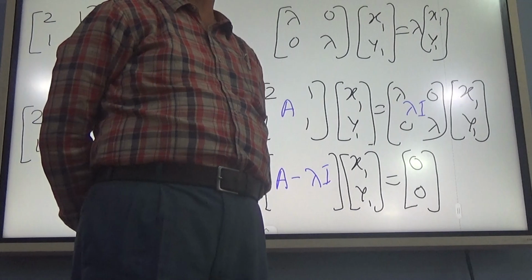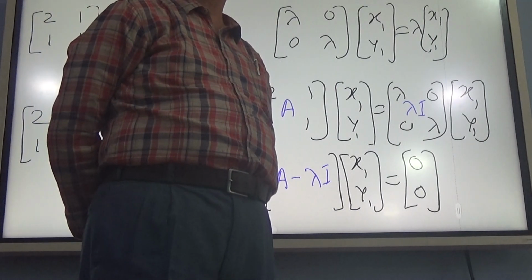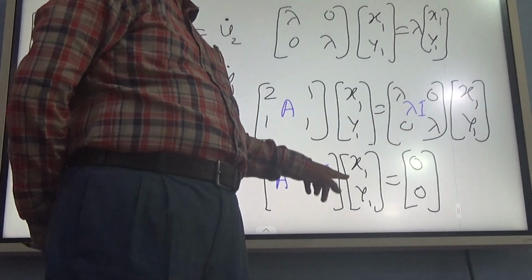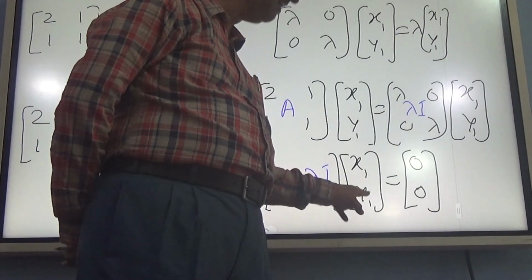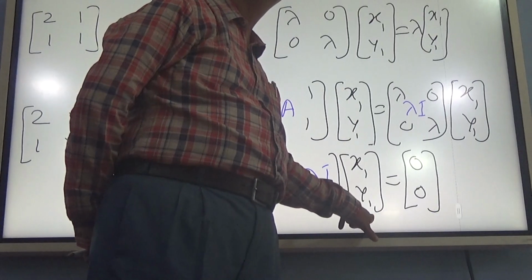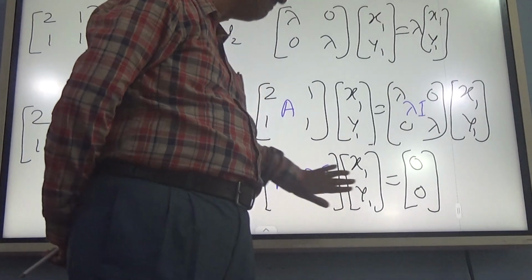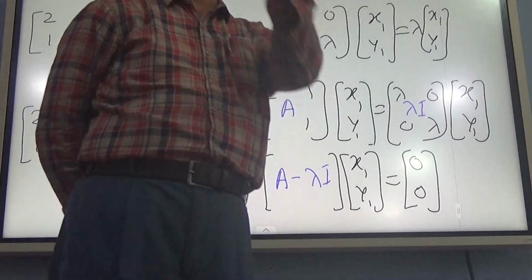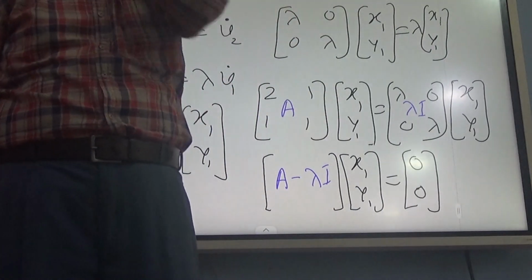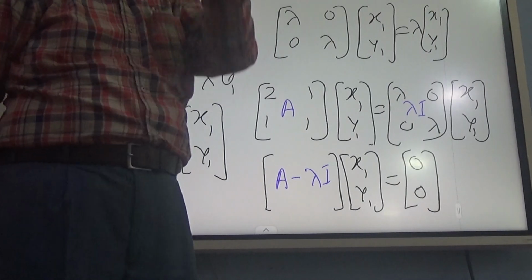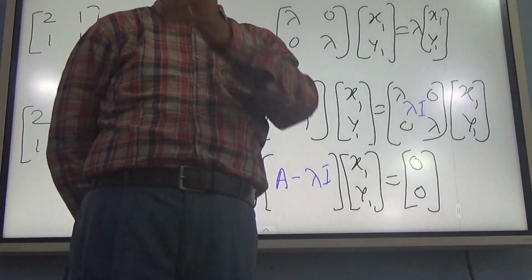So this has got two solutions. This product is 0, meaning either this is 0 or this is 0. If this is 0, then it can be anything. So 0 is the eigenvector for any matrix. Are you getting me? 0 is an eigenvector for any matrix. It is called the trivial solution.